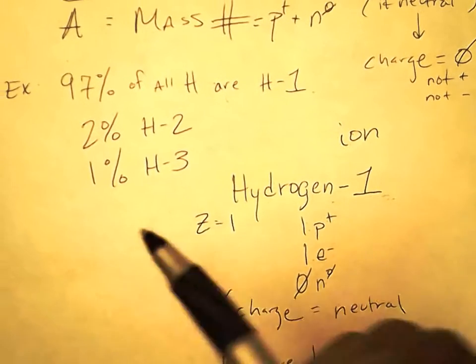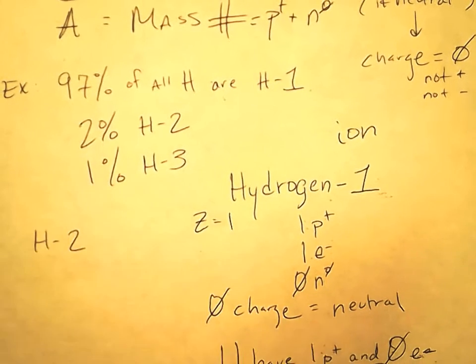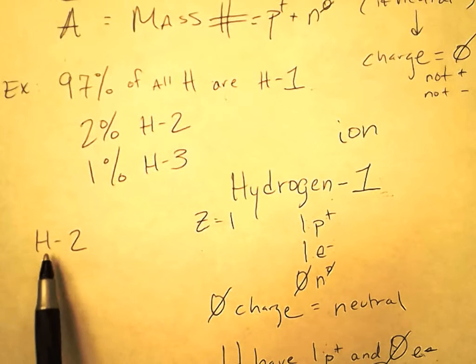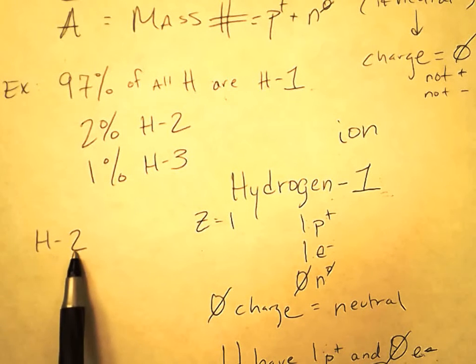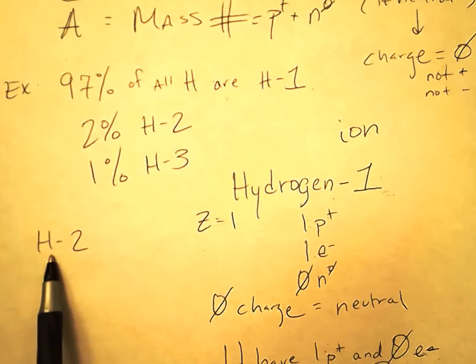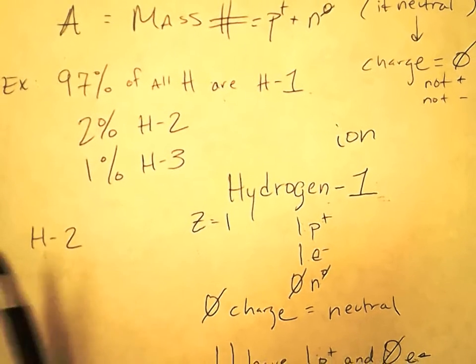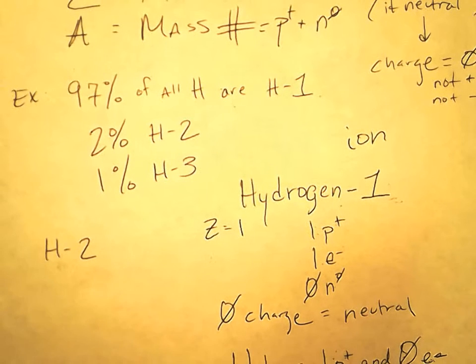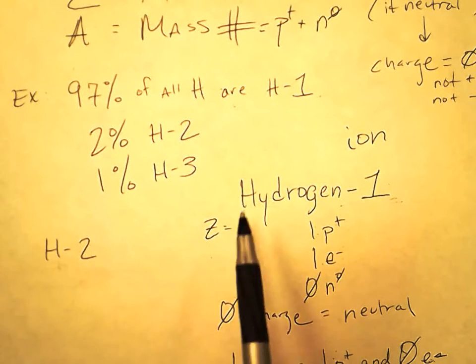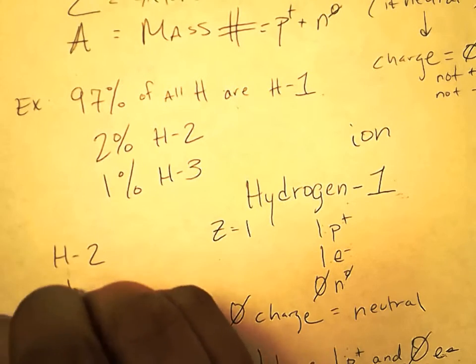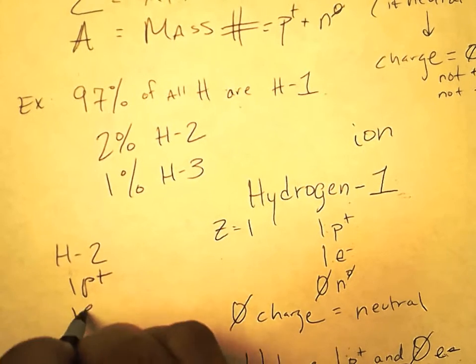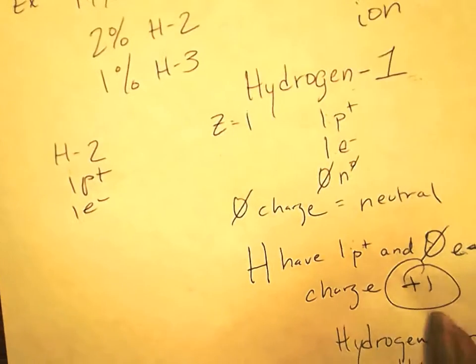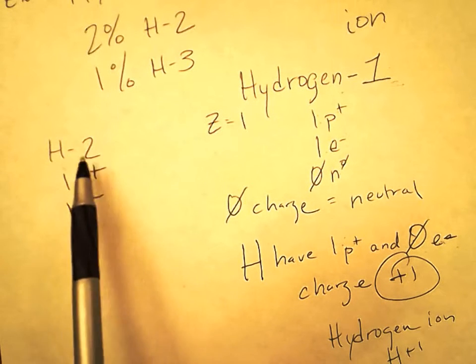What does it mean to be H2 then? How many protons will hydrogen have? Hydrogen is element number 1. I don't care what's going on. Hydrogen is element number 1, so it will always have Z equals 1, which means 1 proton, 1 electron. So then why are we calling it H2?